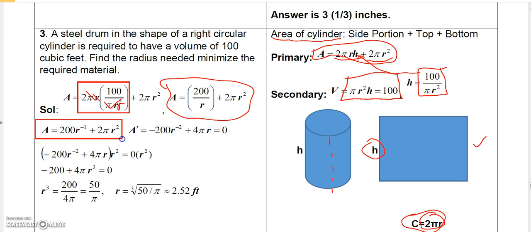If you differentiate 200 r to the negative 1, you'll get minus 200 r to the negative 2, and if you differentiate 2 pi r squared, you'll get 4 pi r. So the derivative is minus 200 r to the negative 2 plus 4 pi r, and we're going to set that equal to 0 to find the critical numbers.